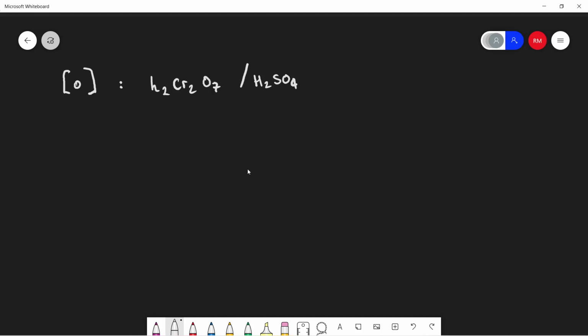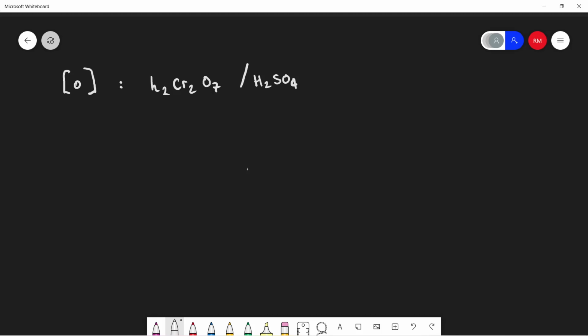Now, tertiary alcohols, for example, this one right here, will not undergo oxidation reactions, because they're not oxidized by common oxidizing agents.